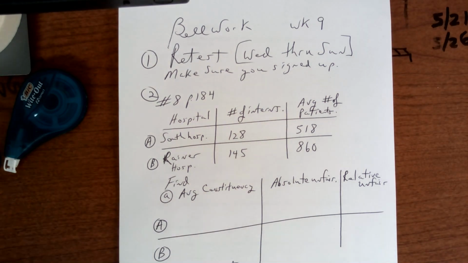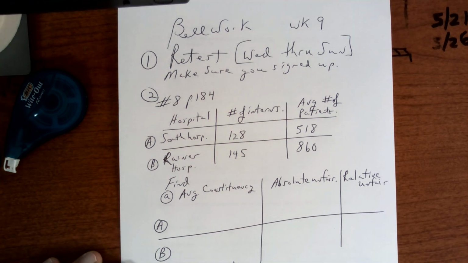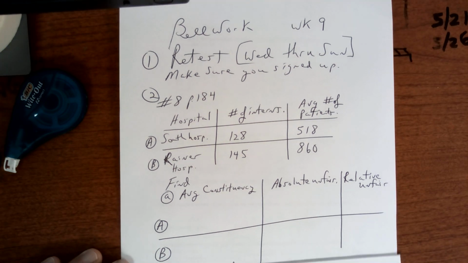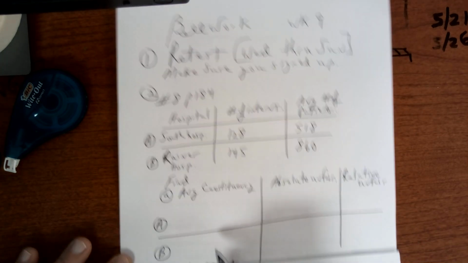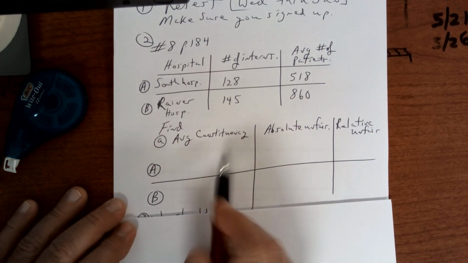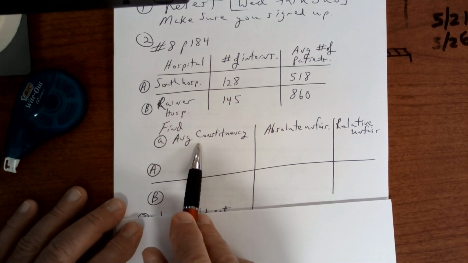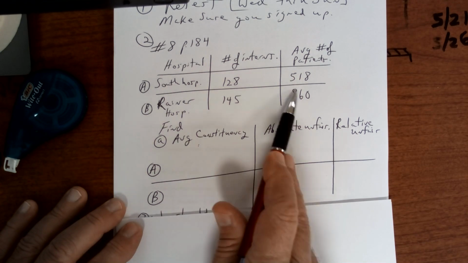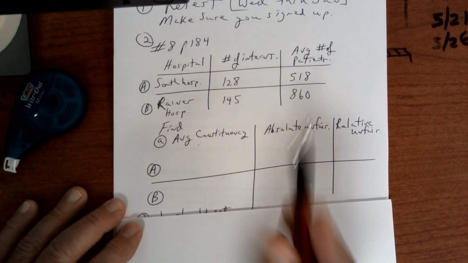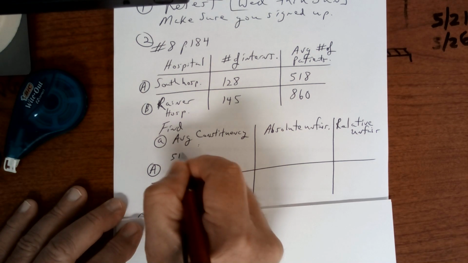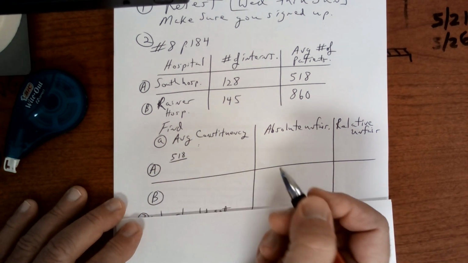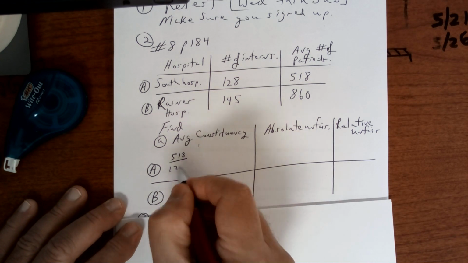All right, so let's take a look here. We were talking about 4.1 the other day, and I just want to bring it all together. So look up here. To find the average consistency, right here, you're going to take the number of patients divided by how many interns they have.